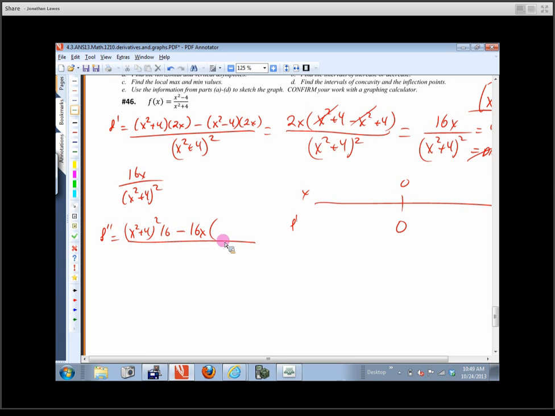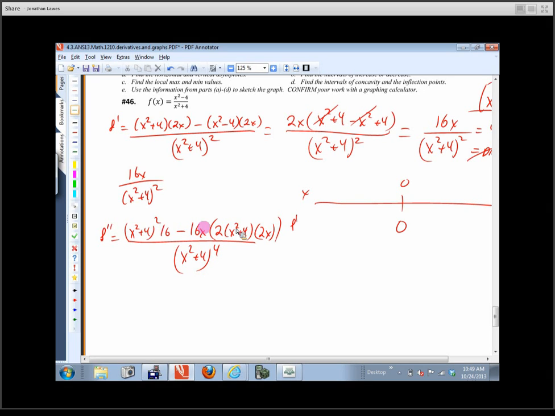Now careful here, the bottom is a chain. 2 x squared plus 4 times 2x, right? All over the bottom squared. X squared plus 4, it's already squared. I square it again. This is going to be to the 4th, right?